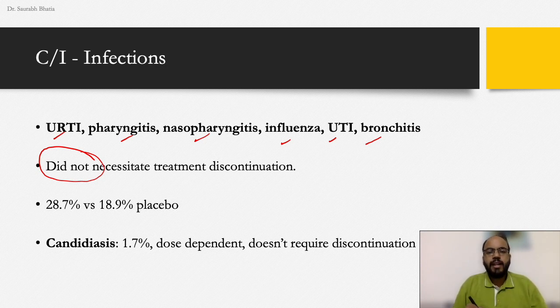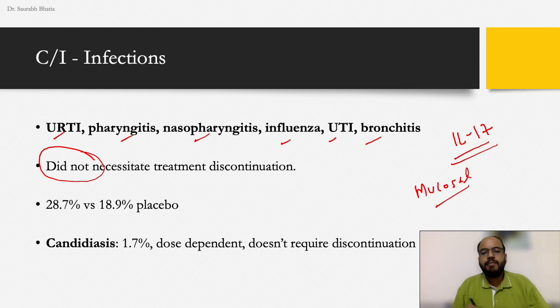Now, just to add here a little bit, interleukin 17 has been found to be implicated at mucosal surface. So, this immunoglobulin has been found to act a lot where mucosal surfaces are present and at the entry sites of the body. So, your mouth, nose, these areas are affected.